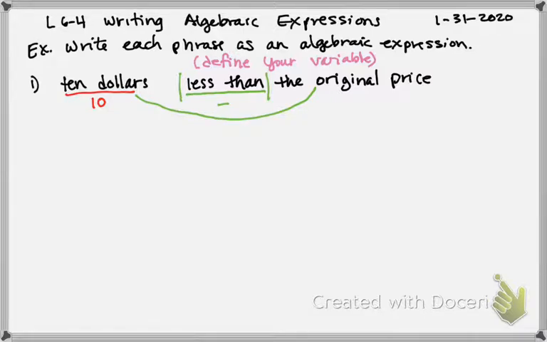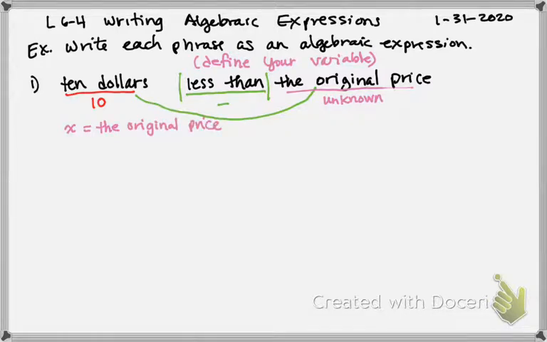The original price is the only thing I don't know how to translate, so that must be the unknown. So I pick a variable, and I think I explained to you Mr. Cuneo in 8th grade just got x in my brain, and I write the words, the original price.